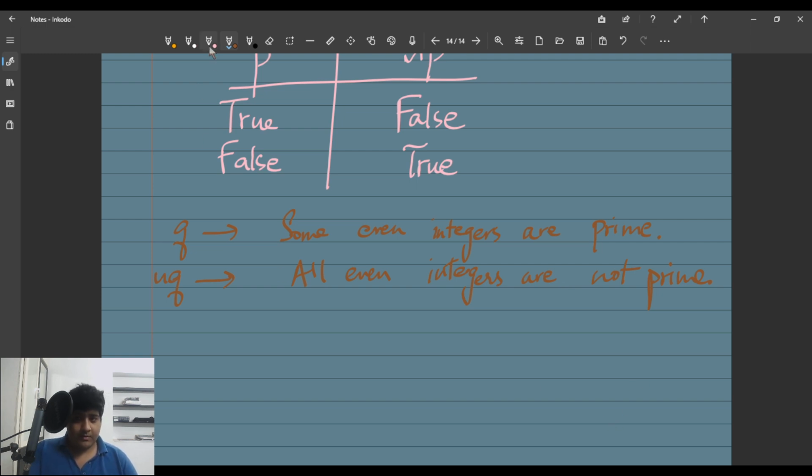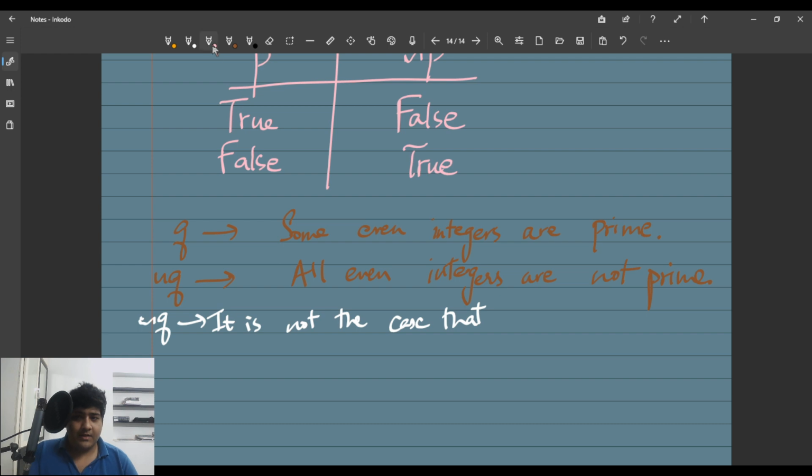Now what often people teach is, to negate a statement you just add "it is not the case that" and the statement. So if I have to negate Q, then the negation of Q according to my trick will be, it is not the case that Q, and Q is what?